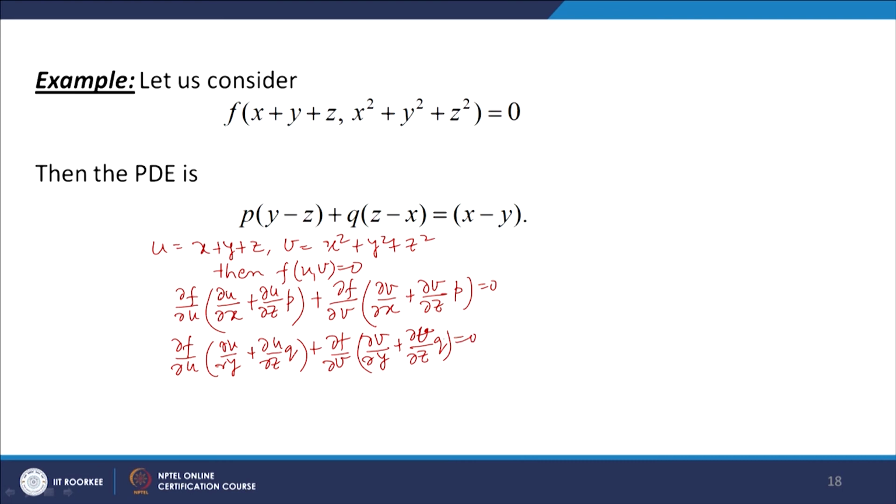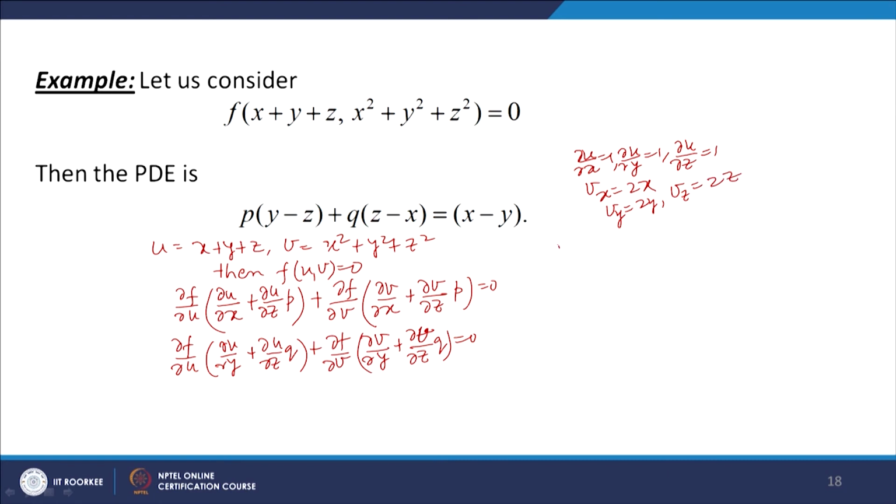Now, u is x plus y plus z. So, u x is equal to 1, u y equal to 1, u z is equal to 1, okay. And v x, partial derivative of v with respect to x is 2x, v y is 2y, v z is 2z. So, when we put the values here, what we get?